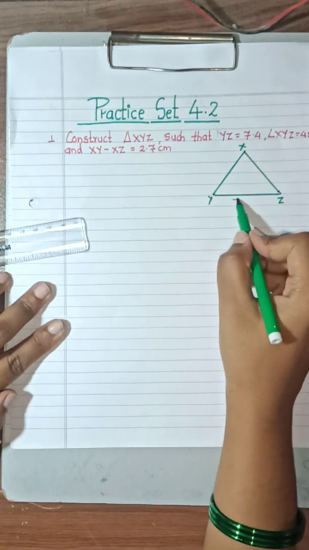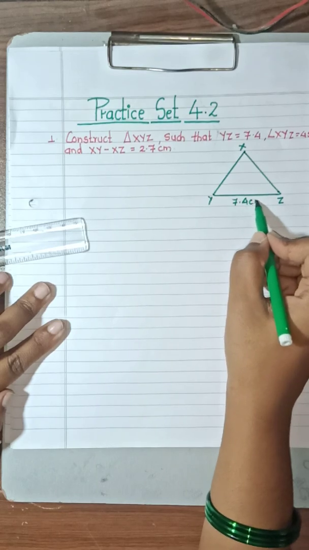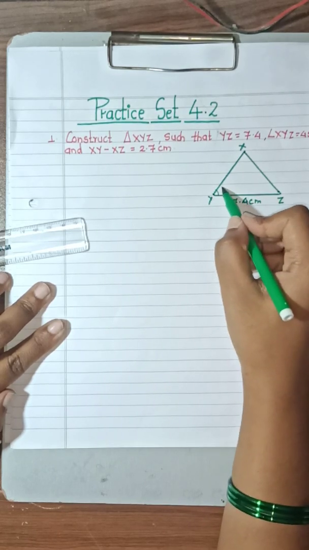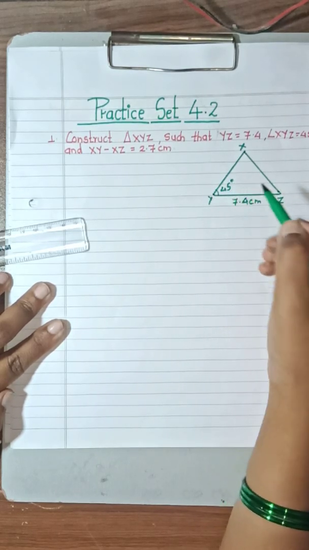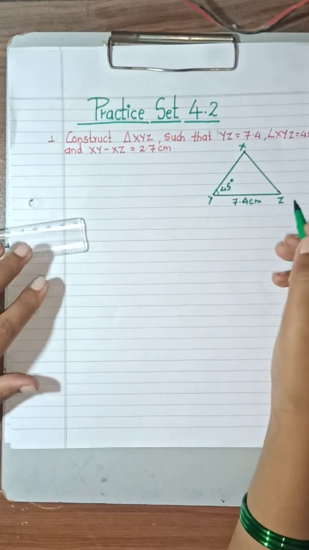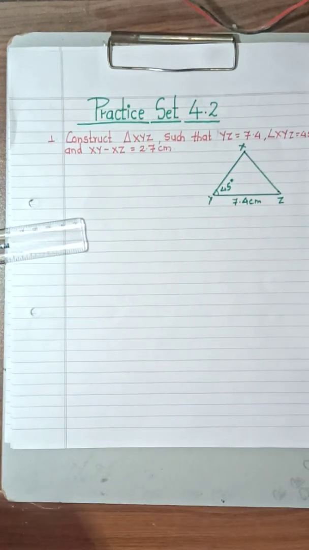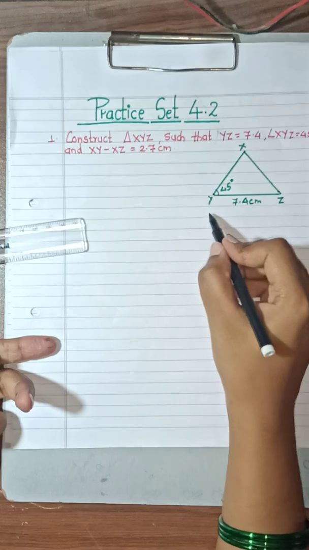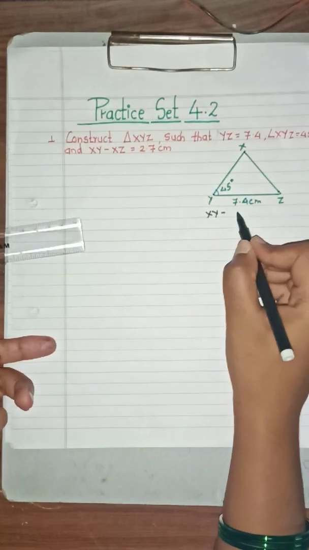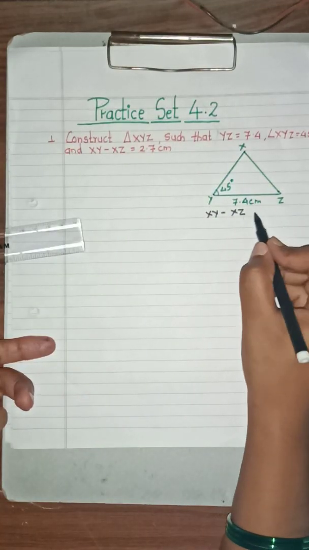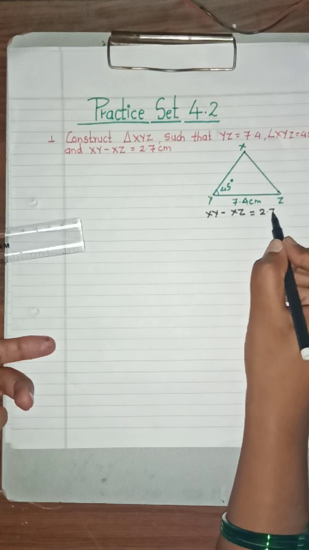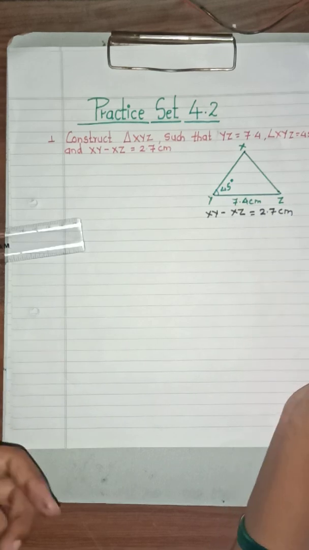So YZ is 7.4 centimeters. Okay, angle is 45 degrees and they have given you here that XY minus XZ is equal to 2.7 centimeters.